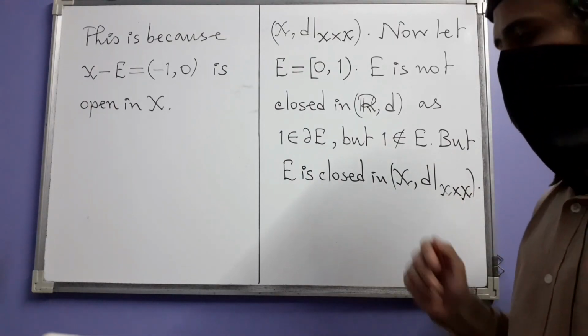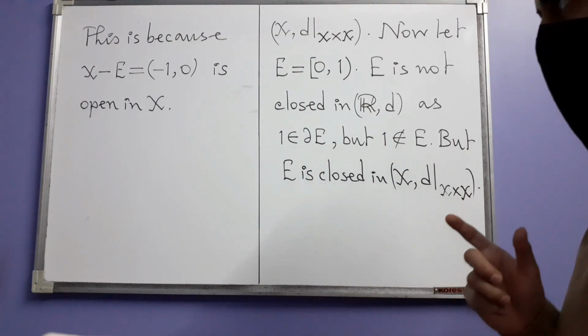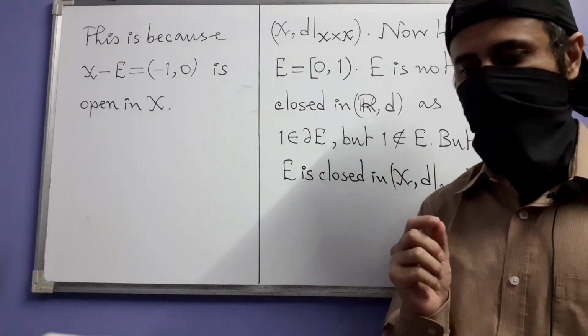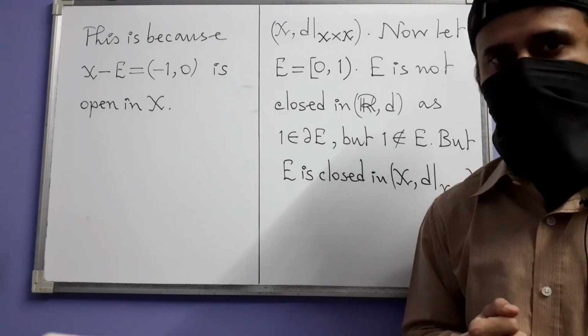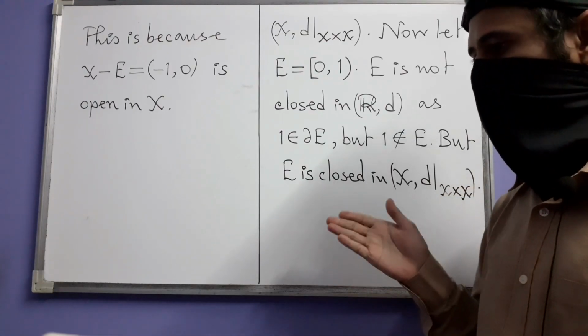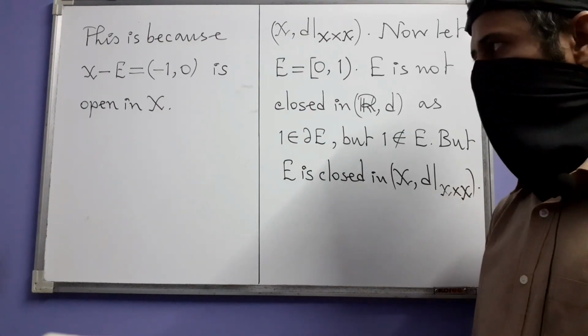So these two examples show that we have to really be careful when saying something like a subset is open, in which metric space. So that is why we need a new terminology.